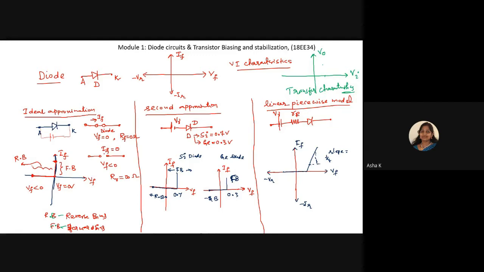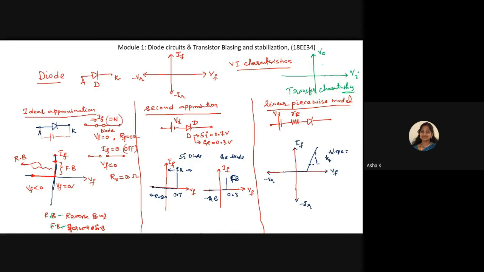It is not allowing any current. It is an open circuit, and for an open circuit the reverse resistance is infinity ohms. So this is about the ideal approximation, where the diode acts as an on switch or an off switch. That is the main concept behind the ideal characteristics of the PN junction diode.